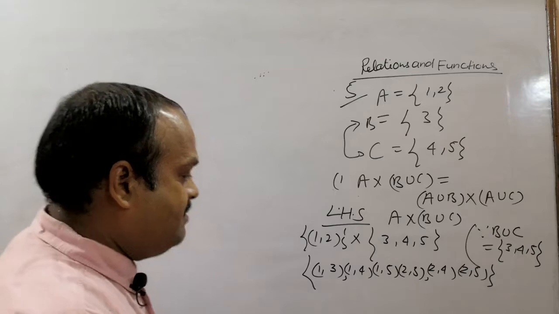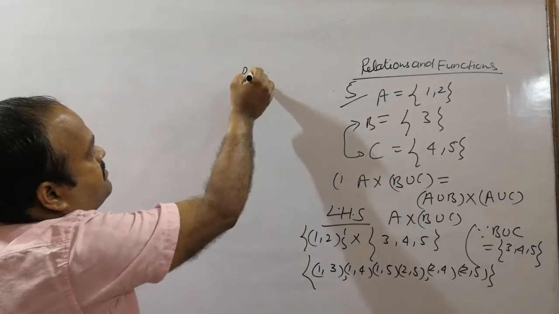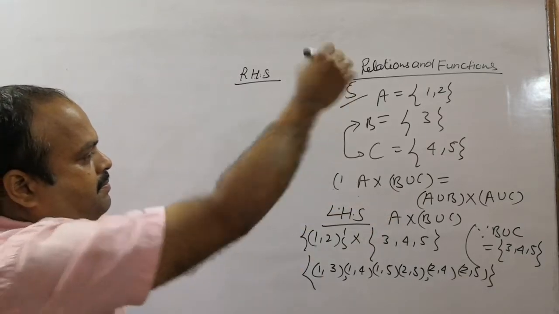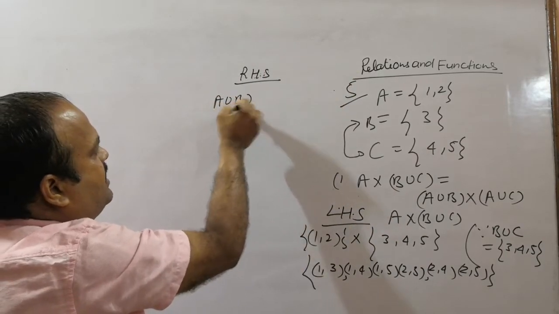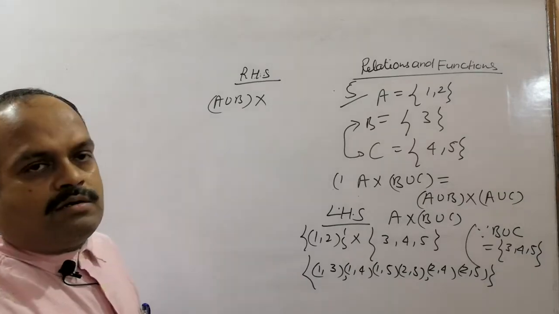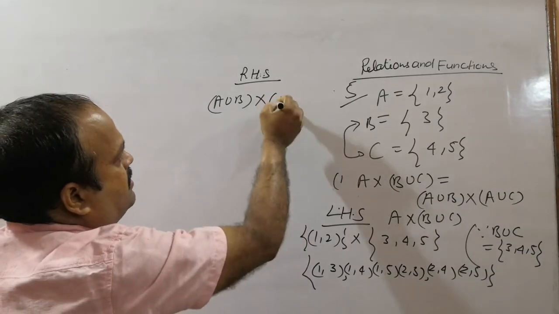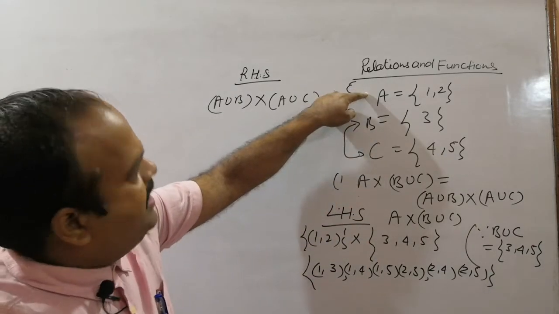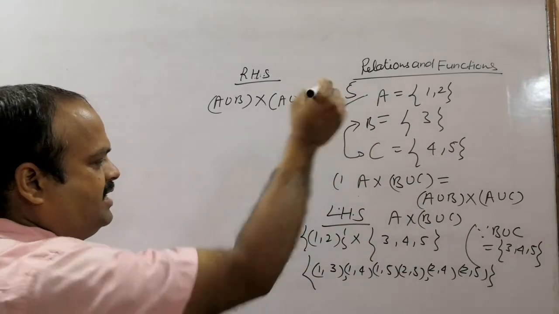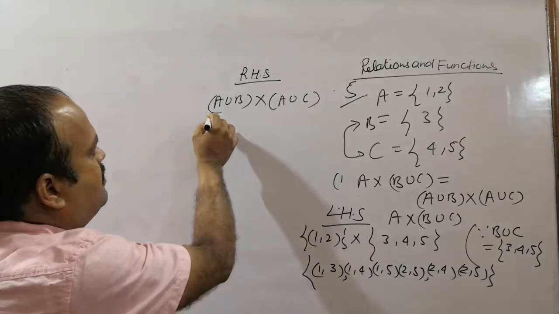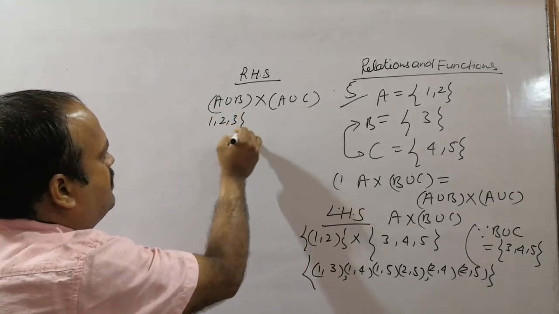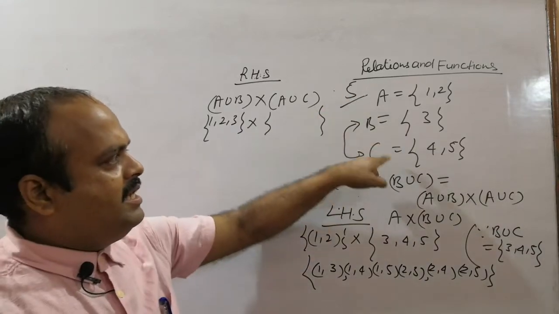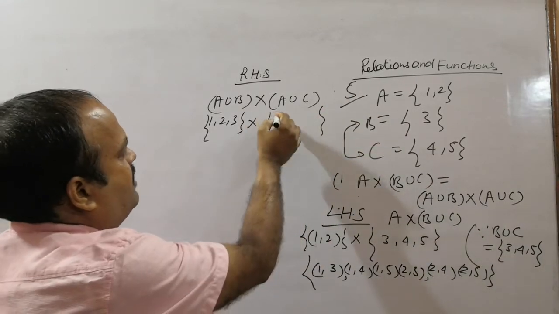Now, go to right hand side. The union of A and B, {1, 2, 3}, cross union of A and C, {1, 2, 4, 5}.